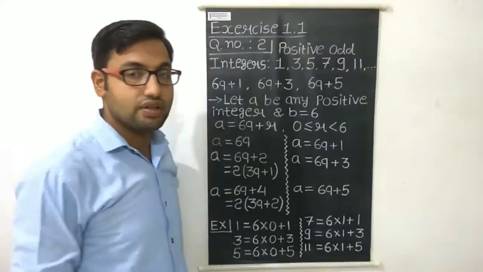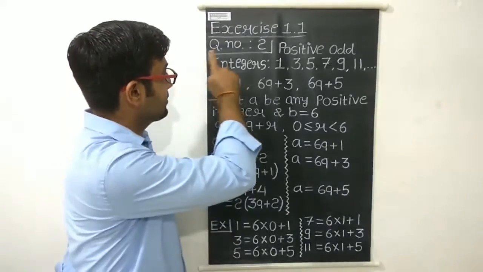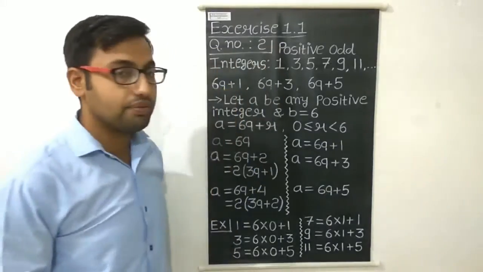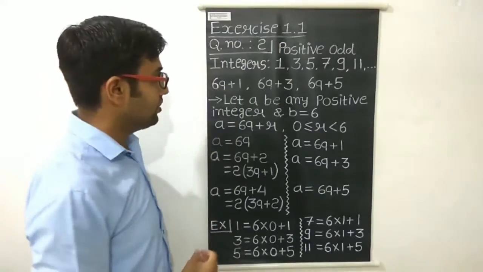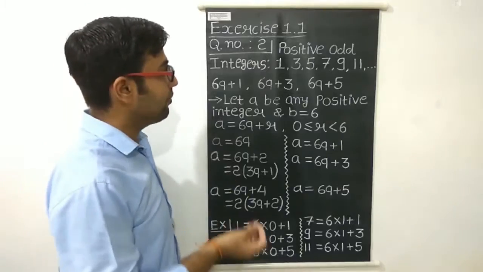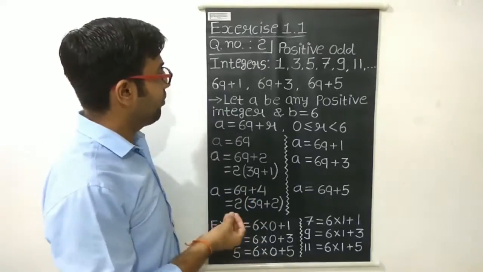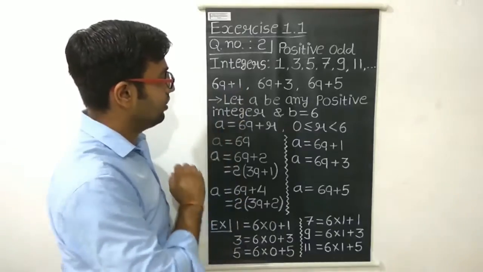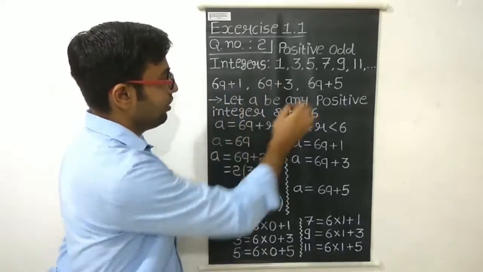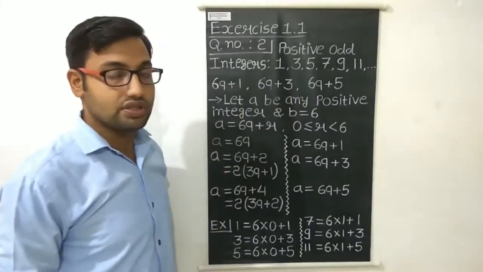Okay? Okay, let us take one more sum, that is of exercise 1.1, question number 2. What is the question? We have to show that all the positive odd integers are in the form of either 6q plus 1 or 6q plus 3 or 6q plus 5, where q is some integer.